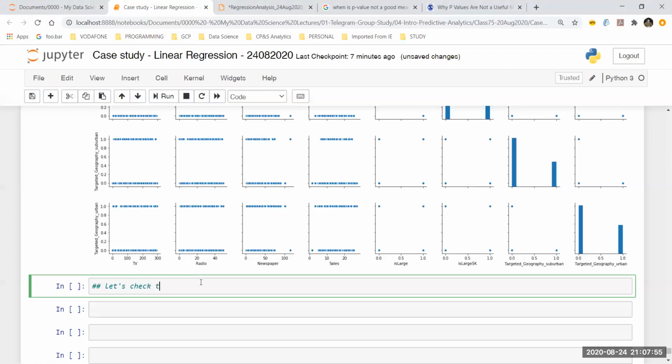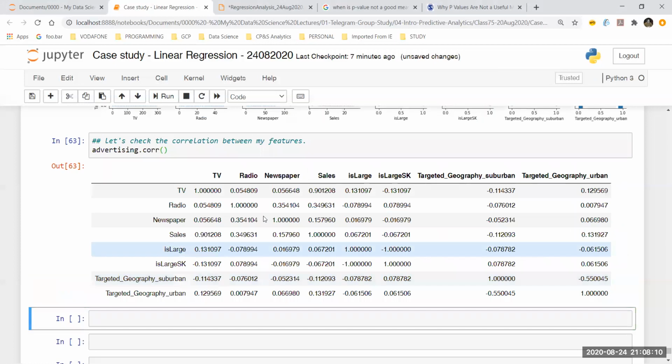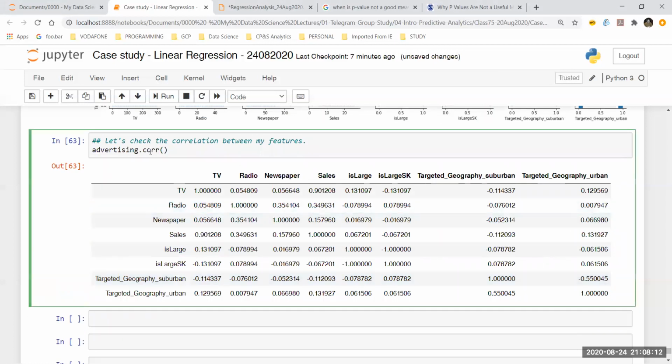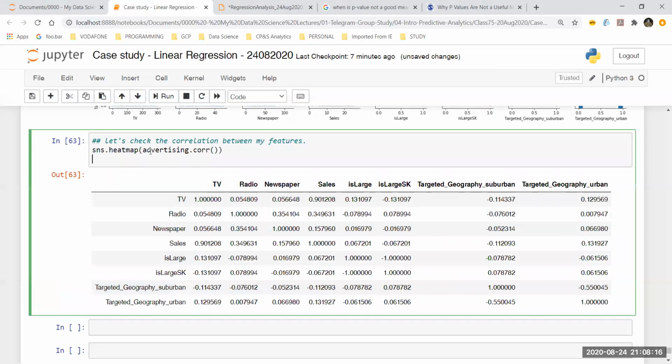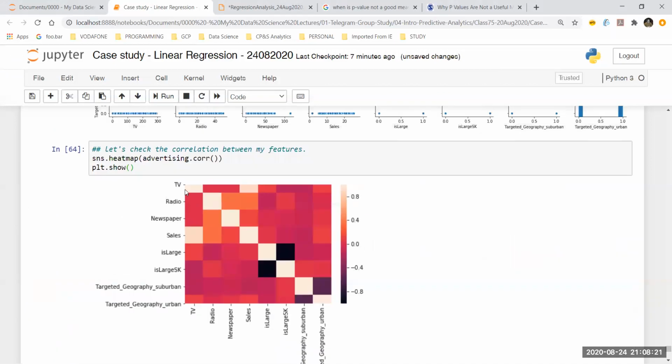Let's check the correlation between my features. So what I do is simply call advertising.corr(), right? I get the correlation, and I say sns.heatmap, and I say plt.show, and it gives me the plot.